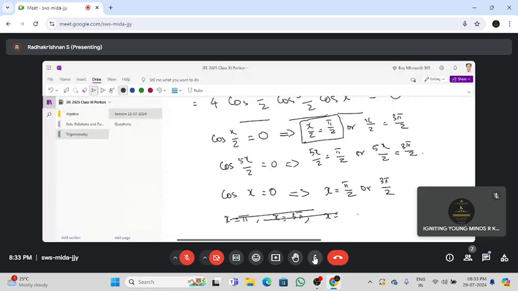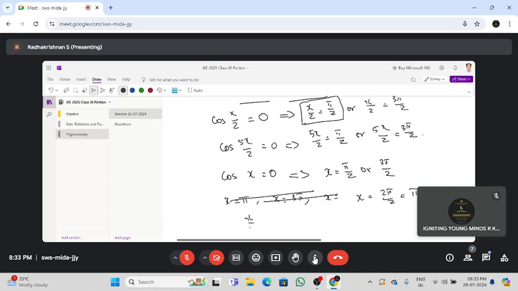X by 2 equal to pi by 2, x equal to 2 pi by 2 equal to pi. Second one, x by 2 equal to 3 pi by 2 gives me x equal to 6 pi by 2.